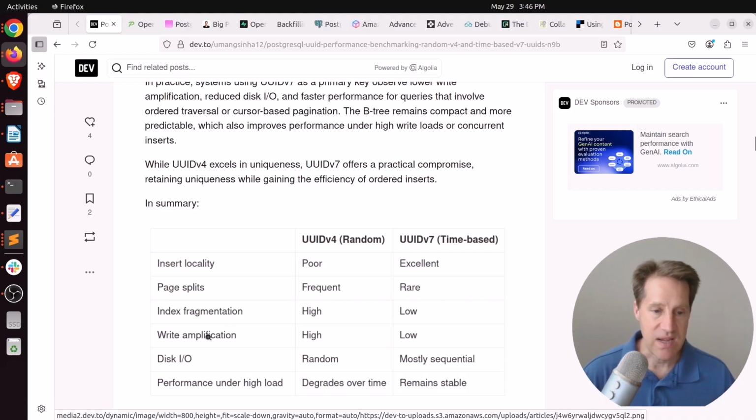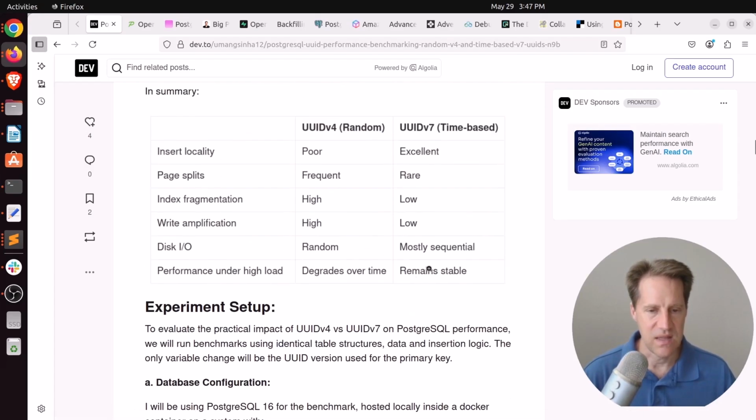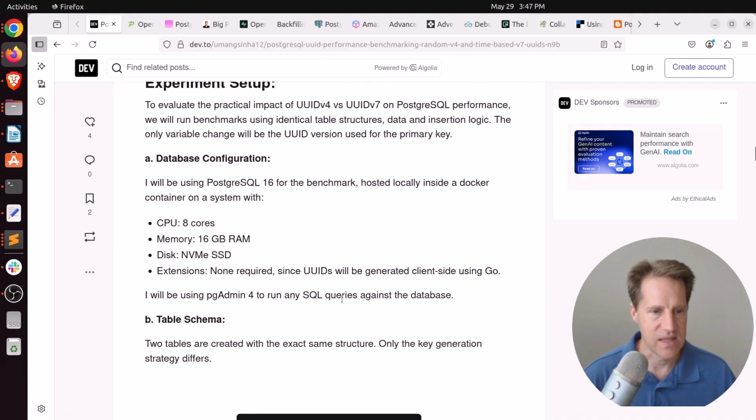You have a high write amplification with version 4. It's low in version 7. The disk I/O with regard to version 4 is random, whereas it is mostly sequential in version 7. And then he says performance under high load can degrade over time with v4 because of all these other problems above it, whereas v7 tends to remain more stable. But I didn't see a lot of details he mentioned with regard to this latter one.